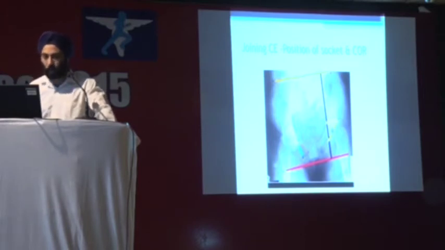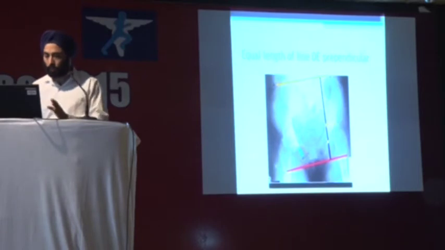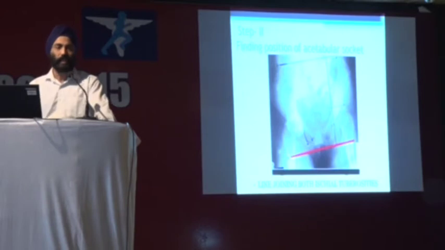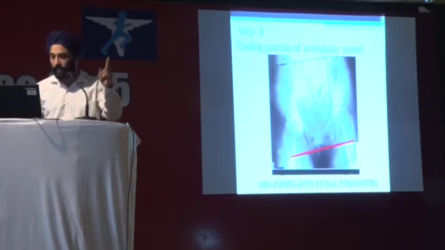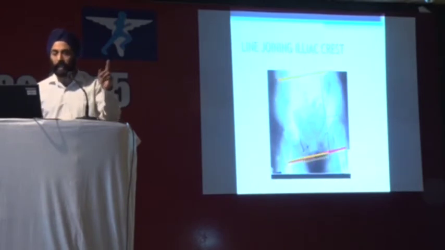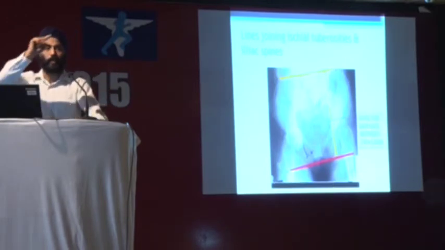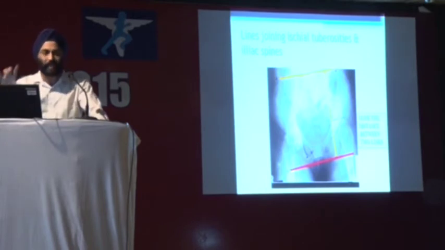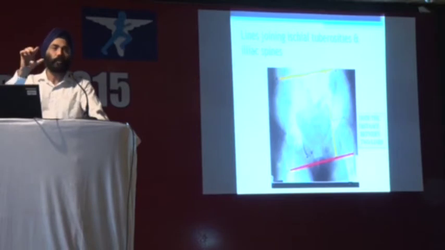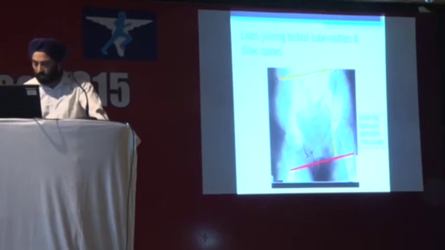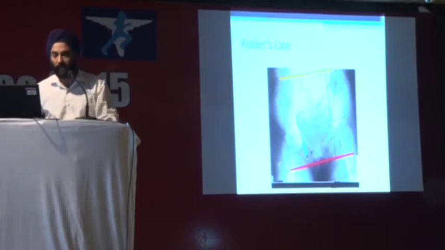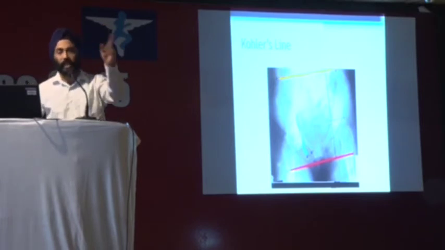I'll just repeat all of these steps again for those who probably missed them. First is the ischial tuberosity line, that's line 1. Second is the line joining the iliac crest, that's line 2. The third line joins these two lines, a perpendicular line, which is line 3. Once you have drawn these 3 lines, you have to calculate and write down the length of the third line. Then you have to draw 2 lines: one is Kohler's line, which is easy to identify, and the other is Shenton's line.